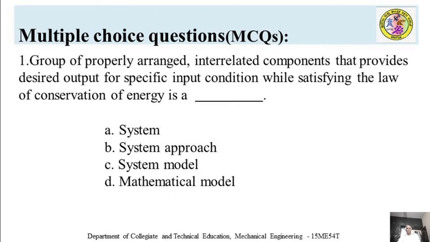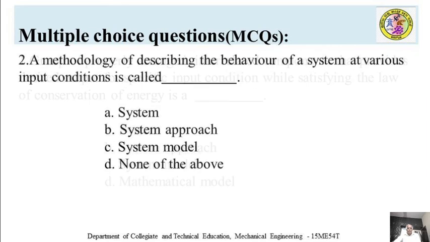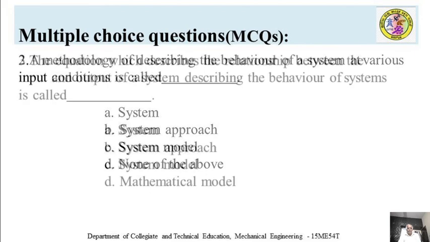Question number 1. A group of properly arranged interrelated components that provides the desired output for a specific input condition while satisfying the law of conservation of energy is a system. Question number 2. The methodology of describing the behavior of a system at various input conditions is called the system approach.